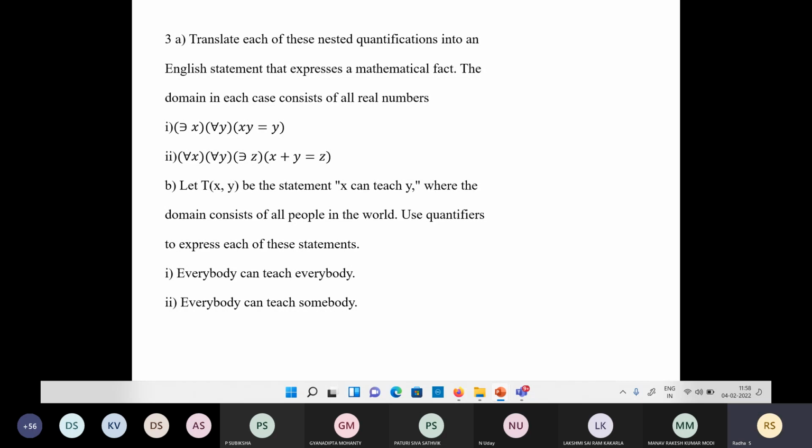Ma'am, second sentence. Can you repeat the first sentence once if possible? First question. Okay.